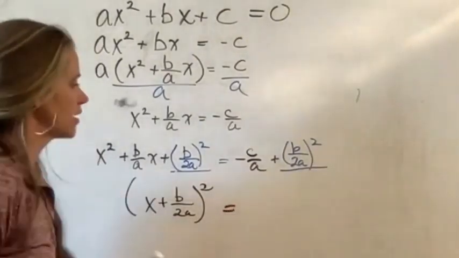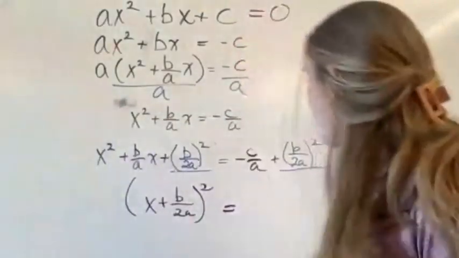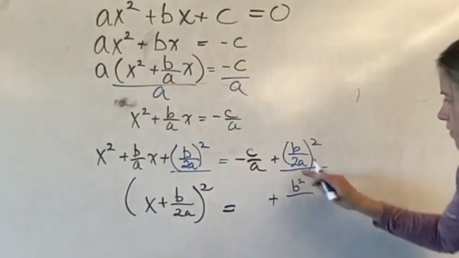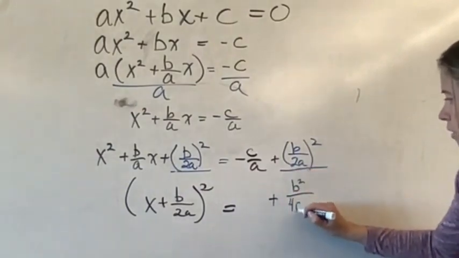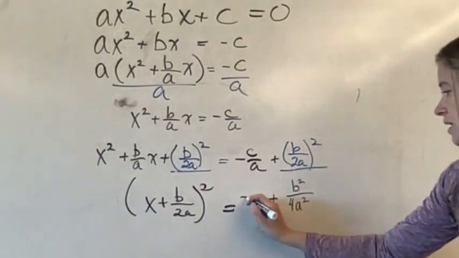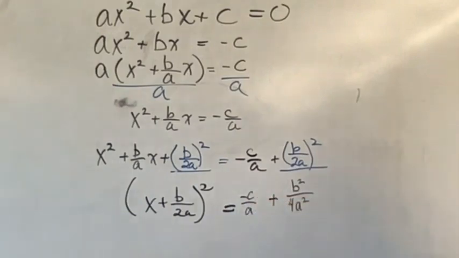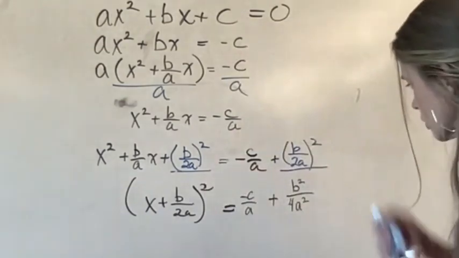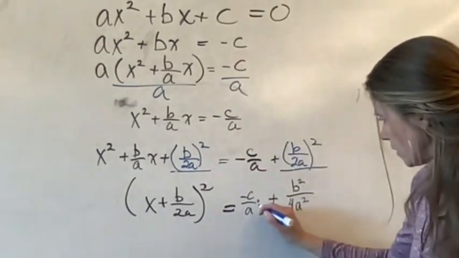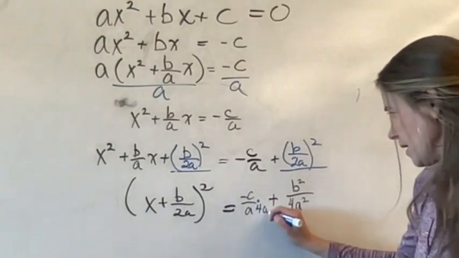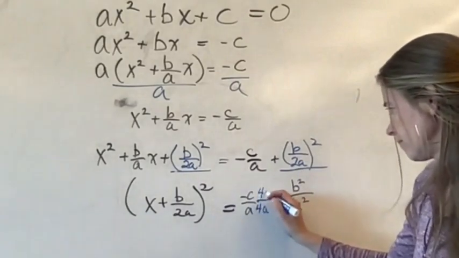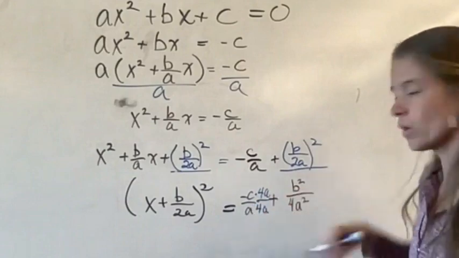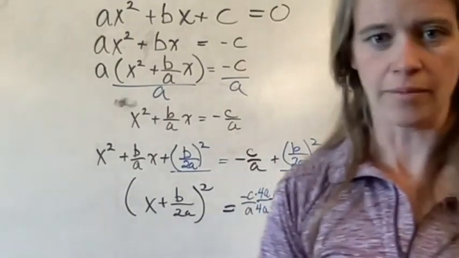Ew, this looks yucky. So I'm going to try to get it all on a common denominator. Let's see. This one right here is b squared, and this is 2a times 2a, so it's 4a squared. And this is negative c over a. I know that I'm going to want them to be together, so I'm going to multiply the top and the bottom here by 4a, because now I'll have 4a squared, and I can add the numerators because I have the common denominator.